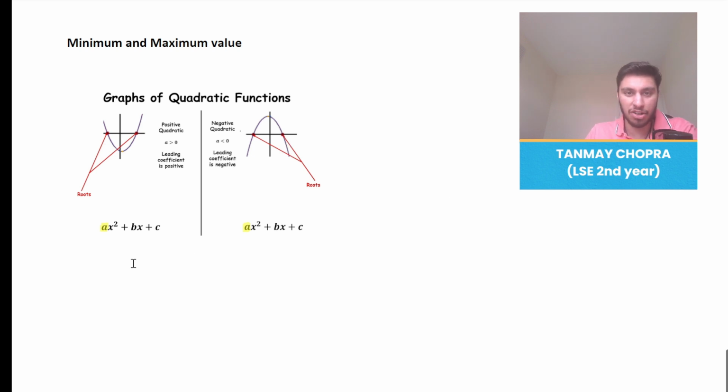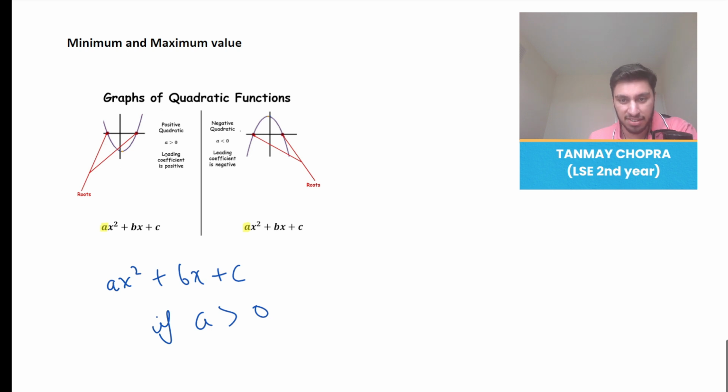How do we decide which is which? In the expression ax squared plus bx plus c, if a is a positive number, then we'll have the first, a happy face. And if a is smaller than 0, then we'll have a sad face.